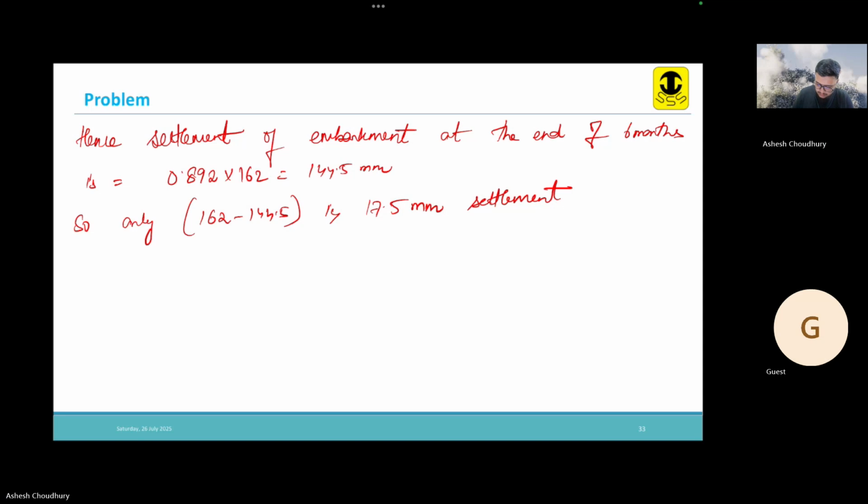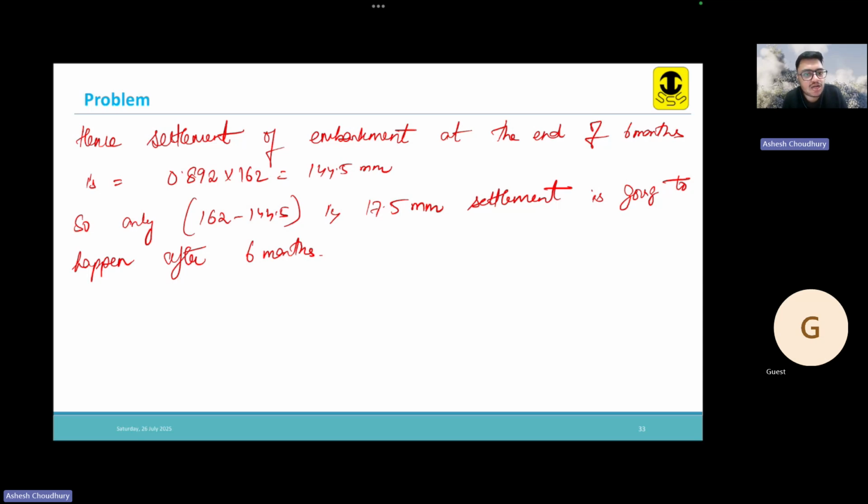settlement is going to happen after 6 months. So the maximum settlement, 144.5 mm out of the ultimate total settlement of 162 mm, will accelerate and happen within the first 6 months only.